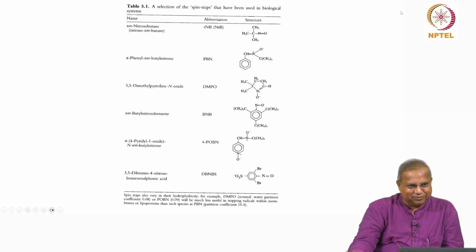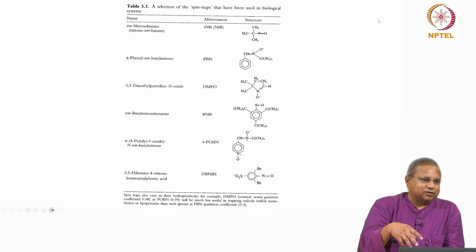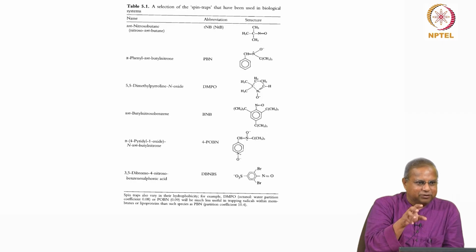It is dimethyl pyrroline oxide or something like that. That's DMPO. That is specific for hydroxyl radicals. So you add it at the time that you want to measure the hydroxyl radicals at that instant, in a sample, of course.